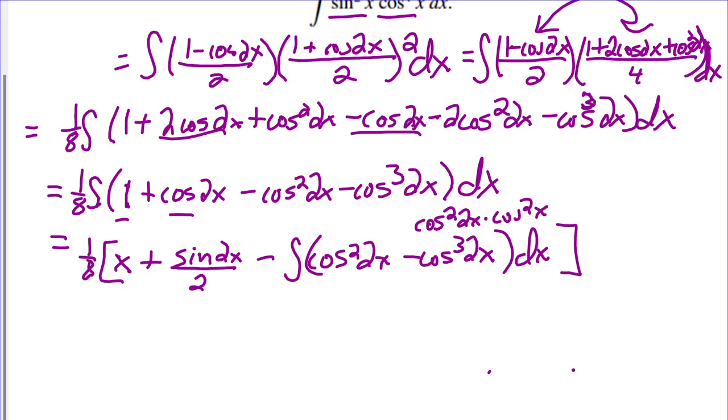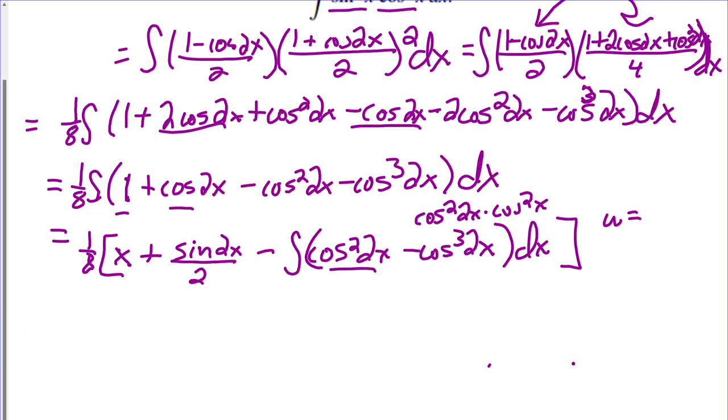And then we're going to use our cosine squared identity on that one as well. The substitution we're going to use will be u equal to... apologize, we're going to also use a double angle identity on cosine squared of 2x. So I'm going to leave this first part out for a while, and we're going to tackle this second integral.